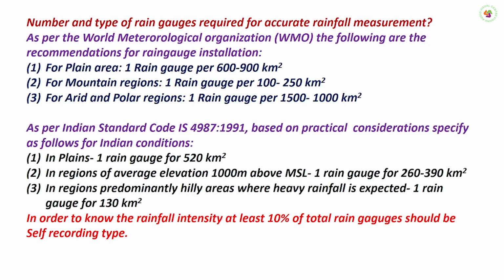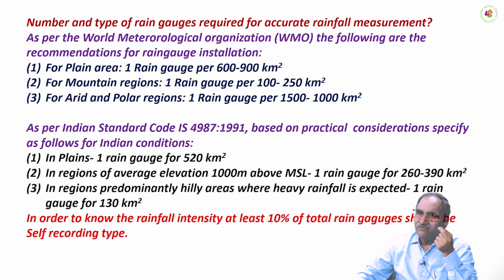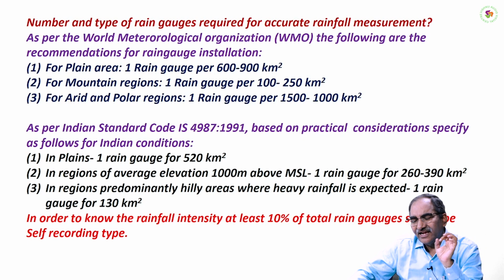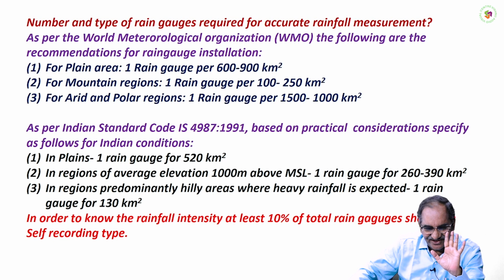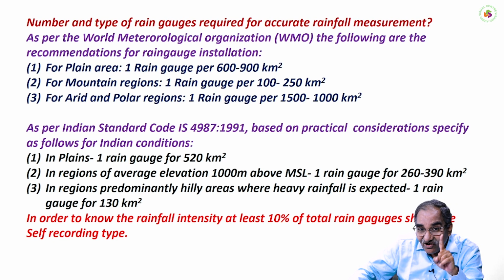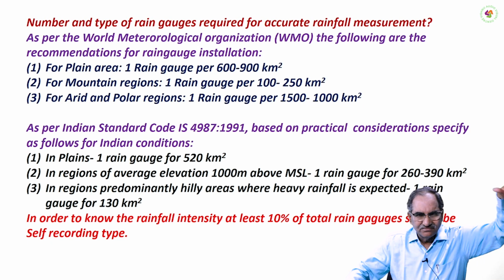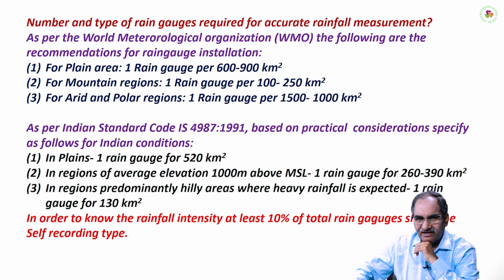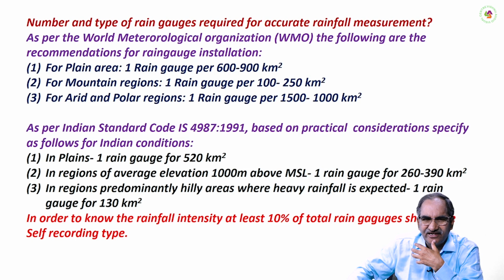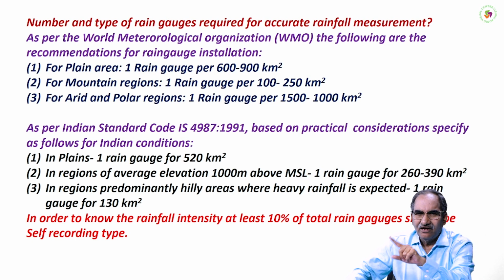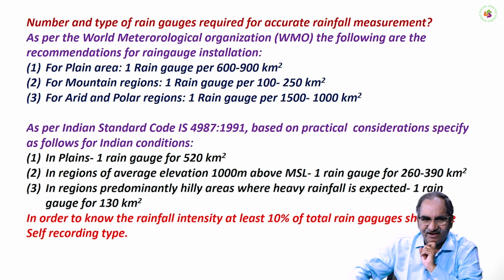In plain areas, for every 600 to 900 square kilometers, if we have one rain gauge, it is sufficient. It is all World Meteorological Organization norms. Plain areas, the total area is plain areas, 600 to 900 square kilometers area, one rain gauge is enough.